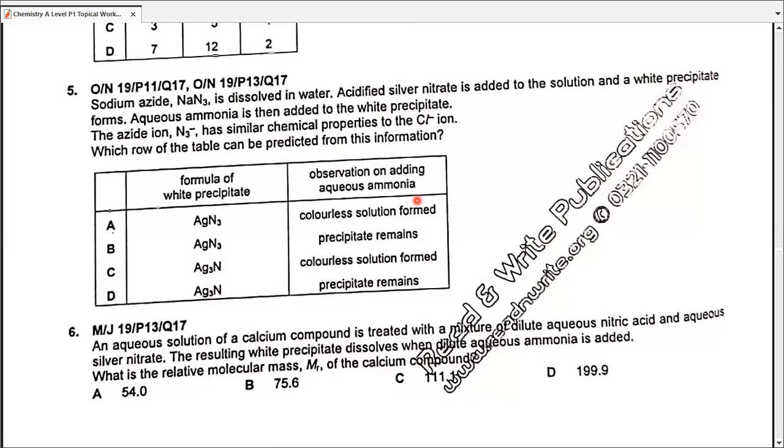An aqueous solution of a calcium compound is treated with a mixture of dilute aqueous nitric acid and aqueous silver nitrate. The resulting white precipitate dissolves when dilute aqueous ammonia is added. What is the relative molecular mass of the calcium compound?